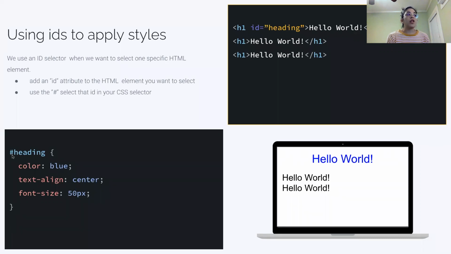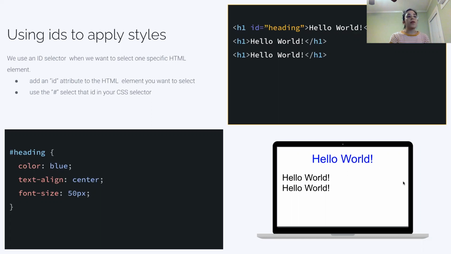So we're saying look for an ID of heading, and then apply this rule to that element. So we say, okay, hash heading, and it goes, oh, I've got an ID here of heading. And now let me apply some styling to it, where I'll make it blue, I'll align the text to be centered, and I'm also going to make the font size 50 pixels.